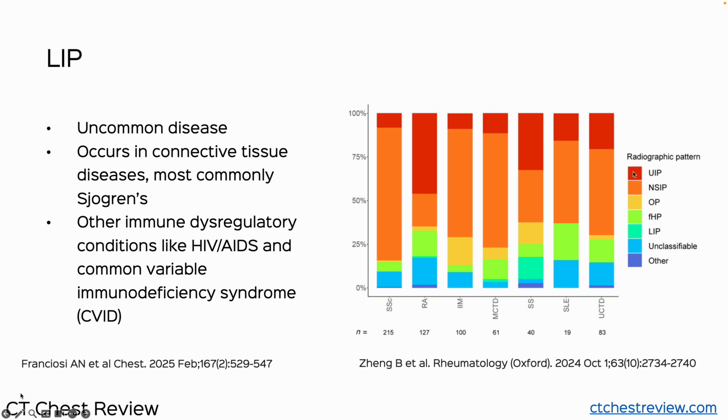Here are the patterns of lung involvement. The dark green is LIP. And you can see it's just a sliver in patients with RA and mixed connective tissue disease. And then it's a little larger here in patients with Sjogren's disease. But it's still less than UIP and NSIP.